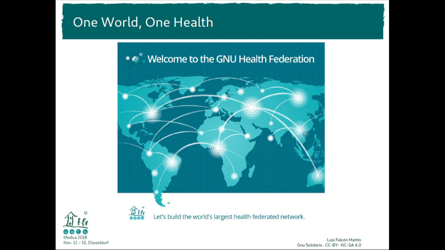And this is what we want to reach, and this is what we really want to achieve. We really want to create, in all the countries that we are working in today, a large worldwide international federated health network that interconnects all these institutions and the information gathered from them in order to improve the quality of health, but again, not only in terms of biology, but also in terms of health promotion and disease prevention.